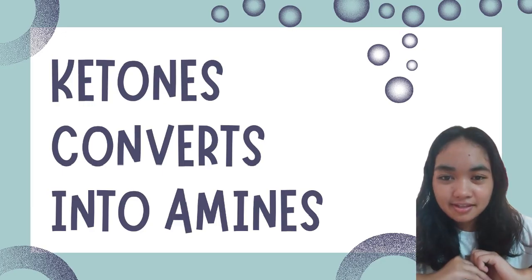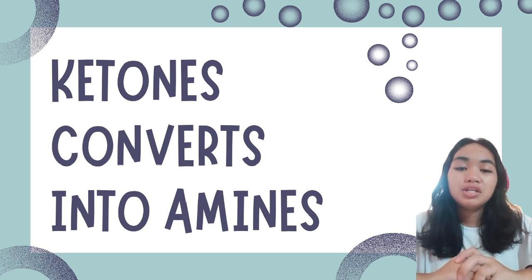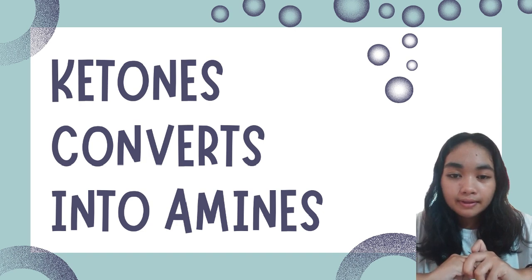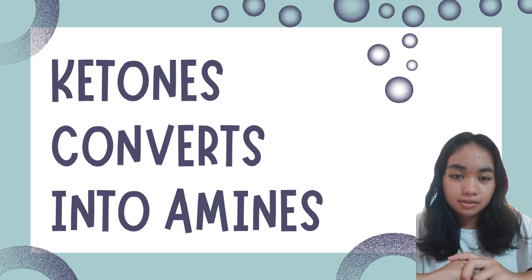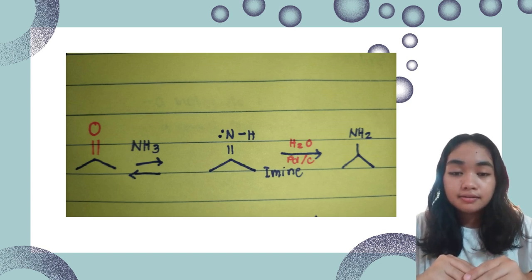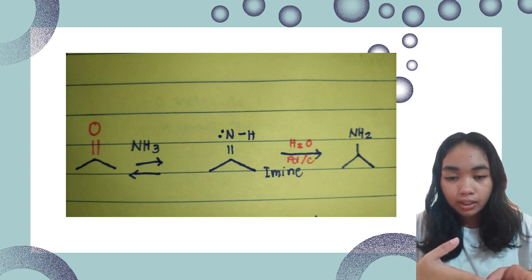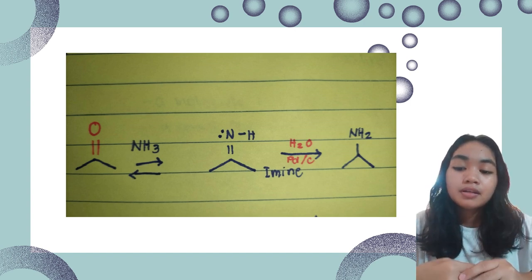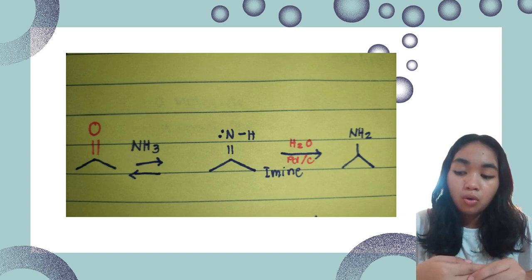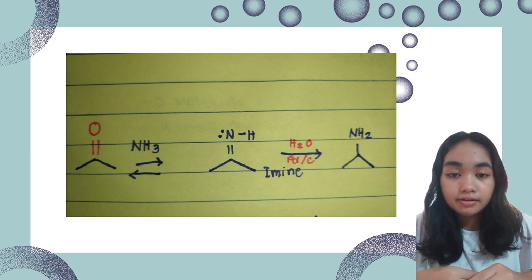Good morning guys, I will discuss reductive amination, which converts ketones into amines. I will show you the examples on the screen. First, we're going to react it with ammonia, and this is going to give us an amine. Water is a side product you need to take away, so the oxygen and two hydrogen atoms leave from the nitrogen atom, which leaves behind one hydrogen.